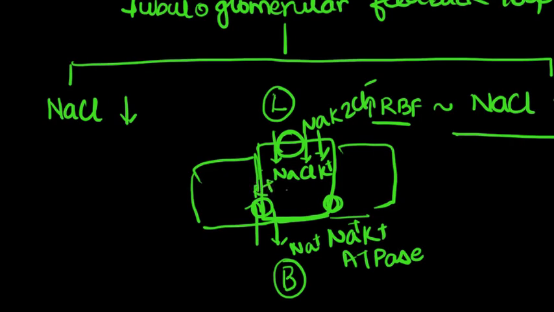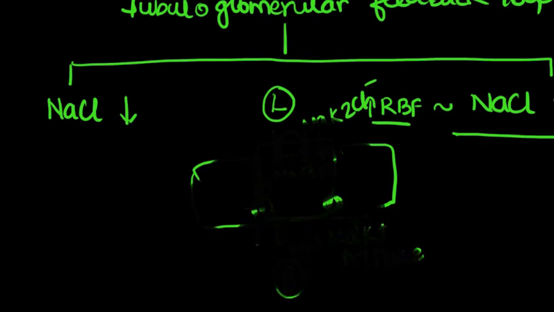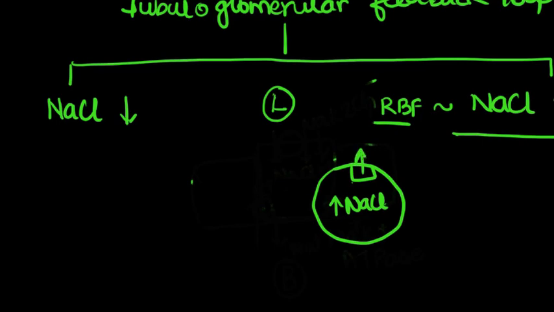Now the purpose of the sodium potassium ATPase is to pump sodium out of the cell and pump potassium into the cell. That's the principal function. So what happens here is that there is a very limited amount of sodium potassium ATPase in the basolateral surface, so although the concentration in the luminal fluid is on a higher side, with a high concentration, correct? If there is more sodium chloride in the lumen, the cells will be taking up more sodium chloride.